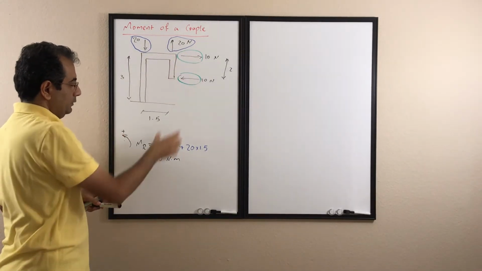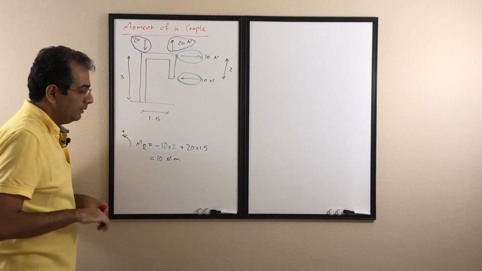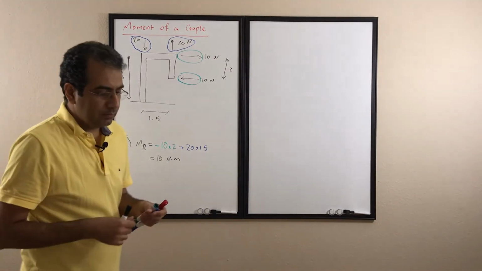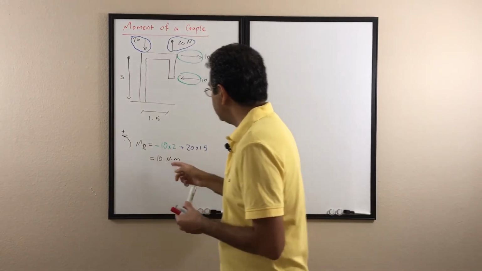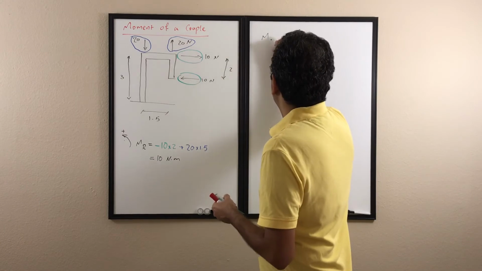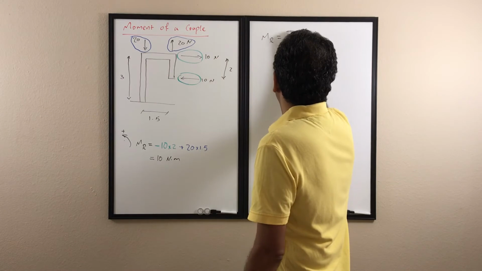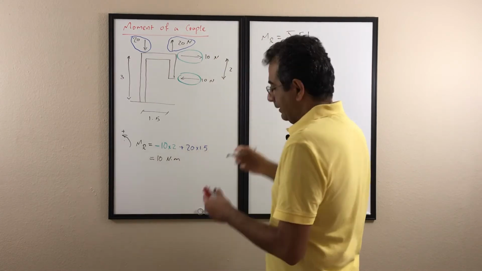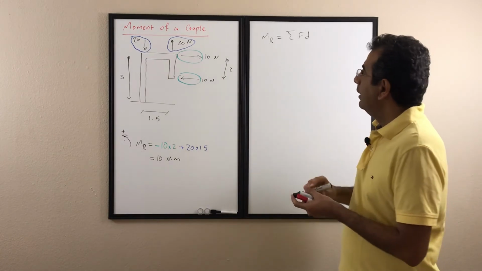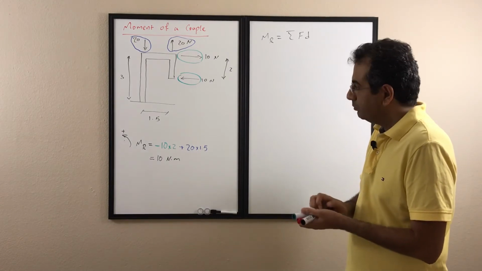So we first use the moment of this couple, and second we calculate the moment of that couple. But also remember I said that if we don't know the normal distance, we can still calculate the moment by adding all the moments created by all the forces about a given point.